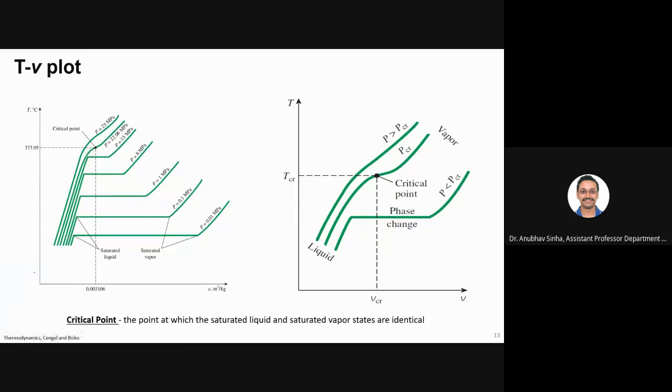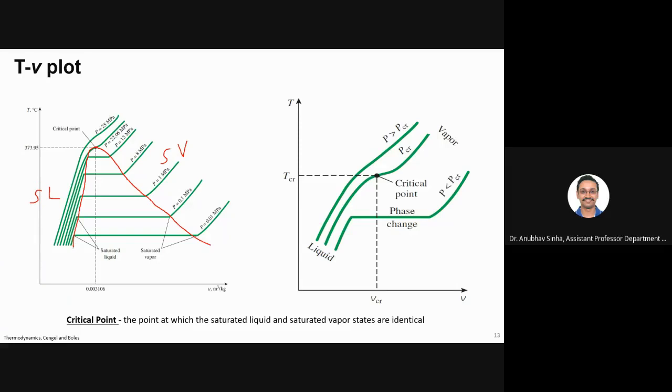So if I join these points, at the left side of this red curve, I have liquid phase. Again you see the curve is bending from here. If I keep on joining this bend, the bend basically corresponds to superheated vapor. Here we have vapor which is superheated. Here we have subcooled liquid.